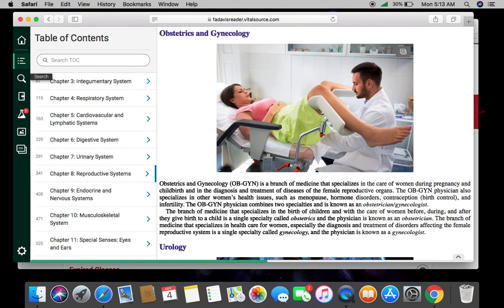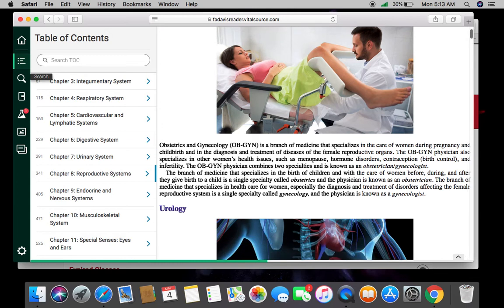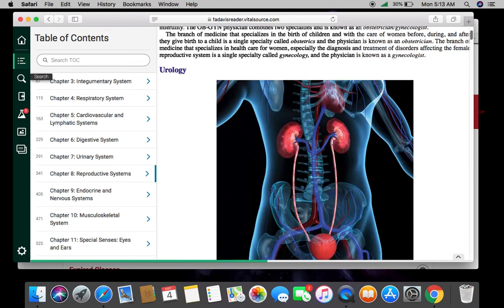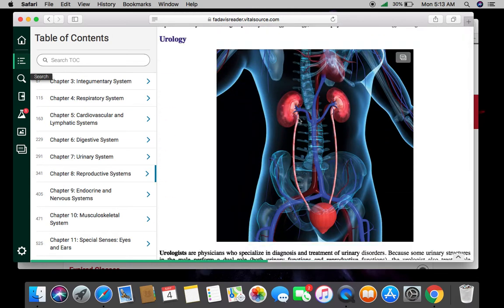Now, for male, it's typically urology, the study of uro, or urine. And they deal with the kidneys, the ureters, and the urinary bladder, and of course the urethra. But they also deal with fertility disorders regarding male.